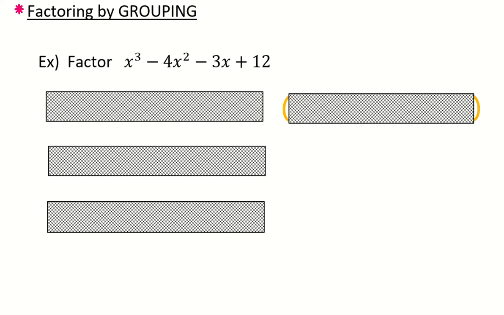There's problems that require the Phoenix method, but that's still technically unfoil. This is actually a brand new type of factoring. So, and it's kind of important enough where I didn't want to skip this.